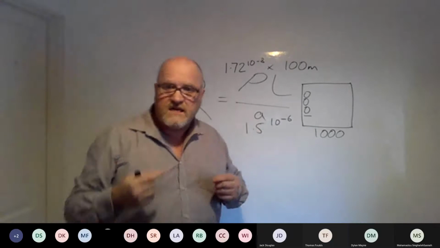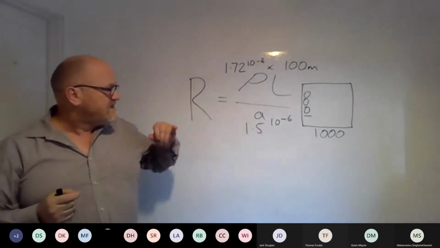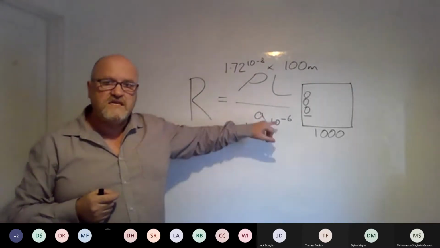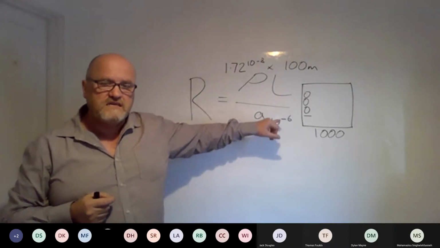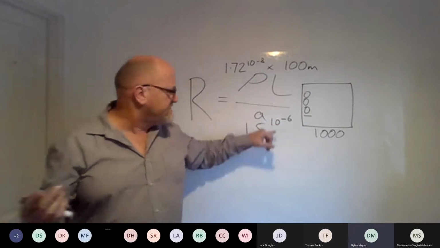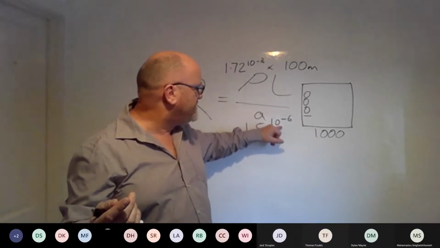We always measure cable sizes, cross-sectional area, in millimeters squared. So whenever you see this formula, any cable size you've got is always going to be millimeters squared, so it's always going to be 10 to the minus 6. Brilliant. You all happy with that? So if you can remember that number.